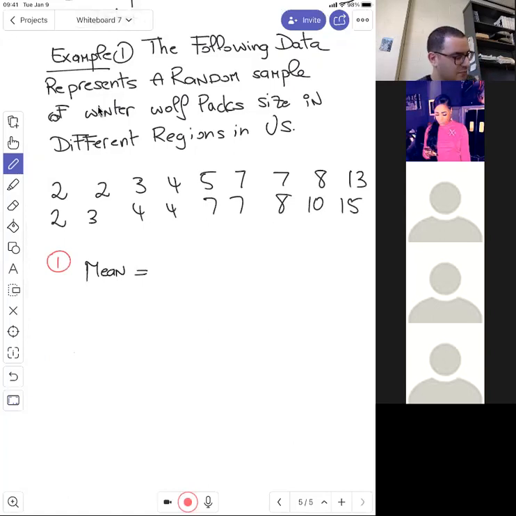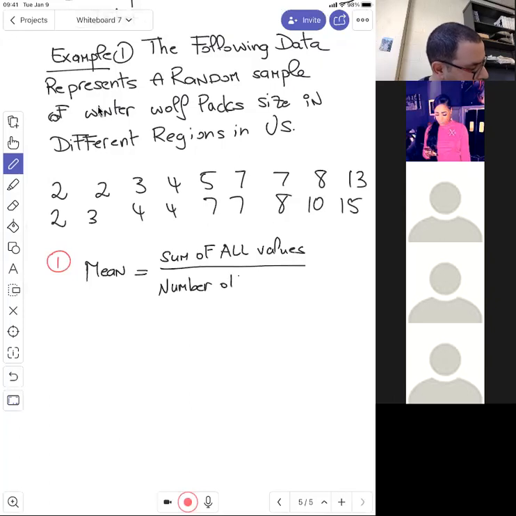Of course, just to remind you the formula, that is the sum of all the values divided by the number of data values.